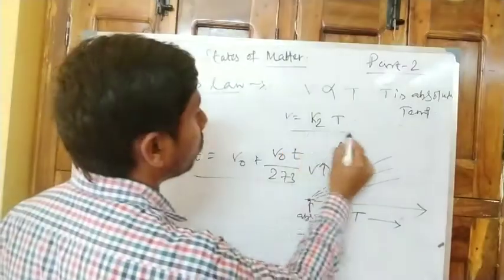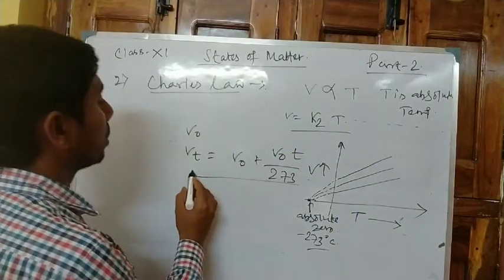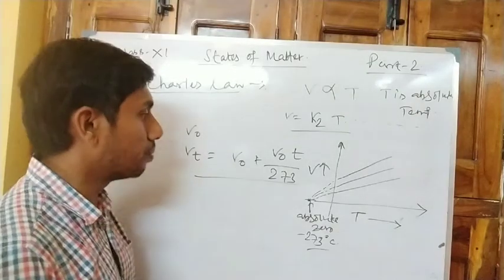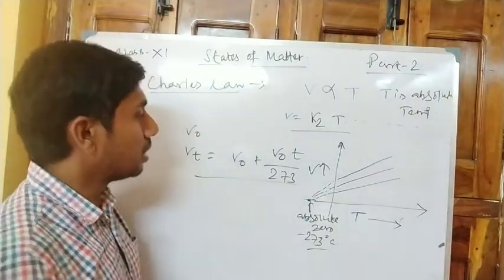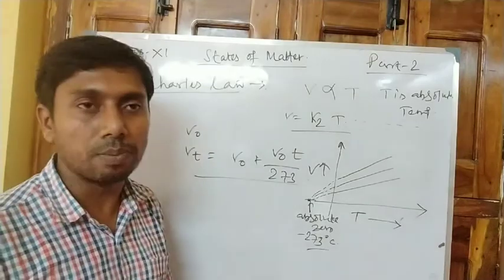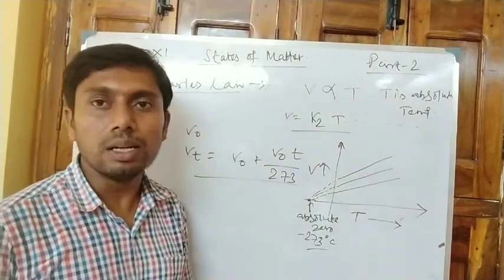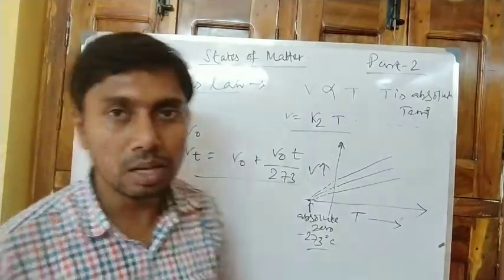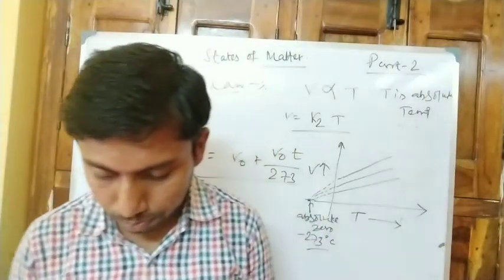So V equals K2 into T, and this equation comes from the assumption that with per degree increase in the temperature, the volume of the gas increases by 1 by 273 part of its primary volume. It is the experimental truth.